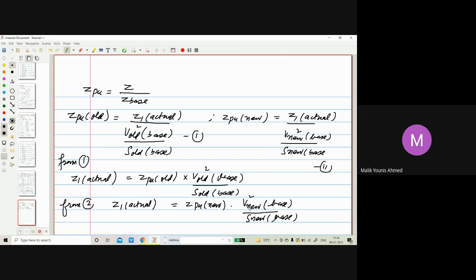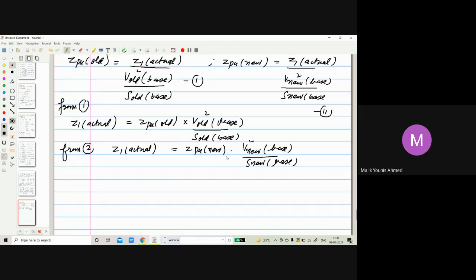So I have got the actual values, and both actual values are the same because they will not be modified. Only the per unit value gets modified. So from first and from second, the values should be the same, so I will equate these two equations.